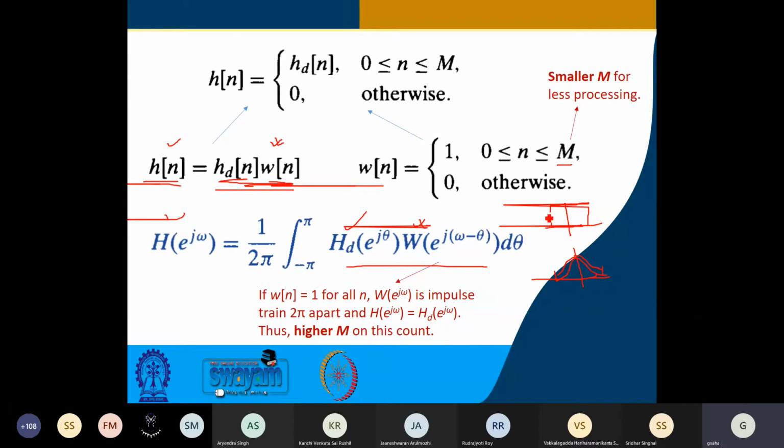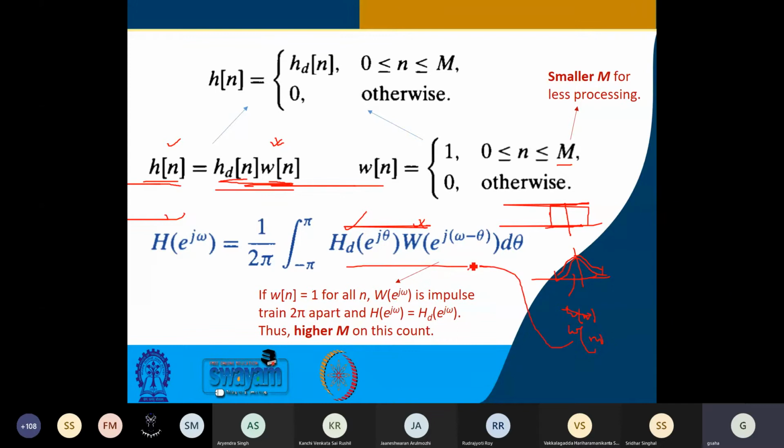Okay. So these are the different values that we had a look at. Whatever this is, w[n] rather, it is not h[n]; h[n] we get by multiplication.